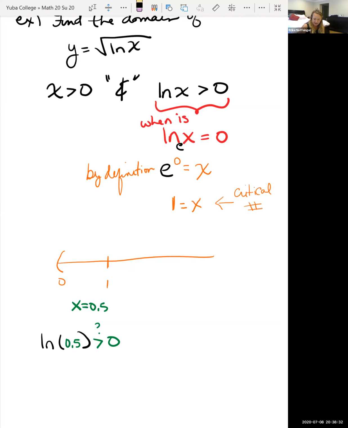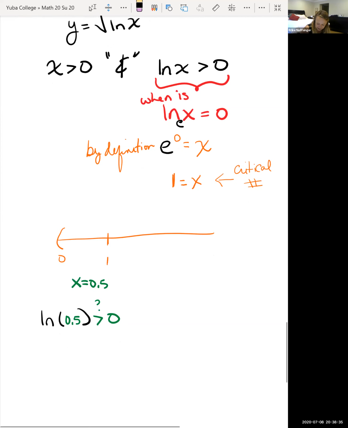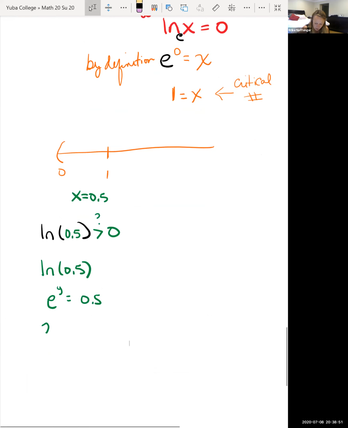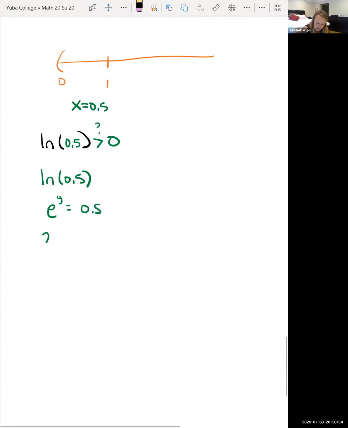Well, if we go back to the definition, ln of 0.5 is saying e, we're going to raise this to what power to get back 0.5? How am I going to get 2.718, which is e approximately, to give me a number that is less than 1?